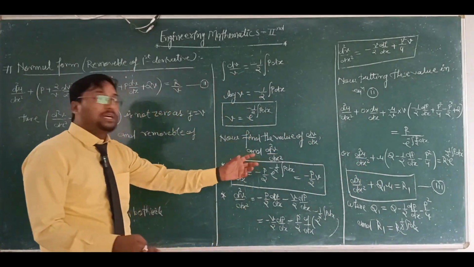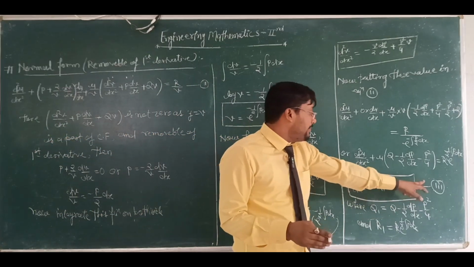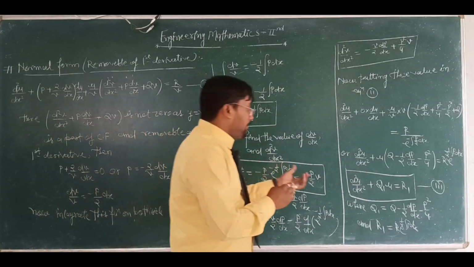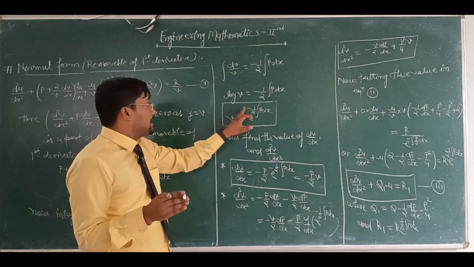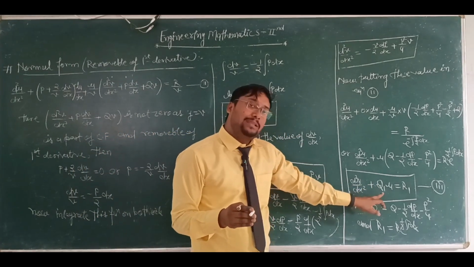Now the solution of the differential equation first is equal to uv, when putting v is equal to e to the power minus 1 by 2 integration p into dx, and find out the value of u in equation number third.